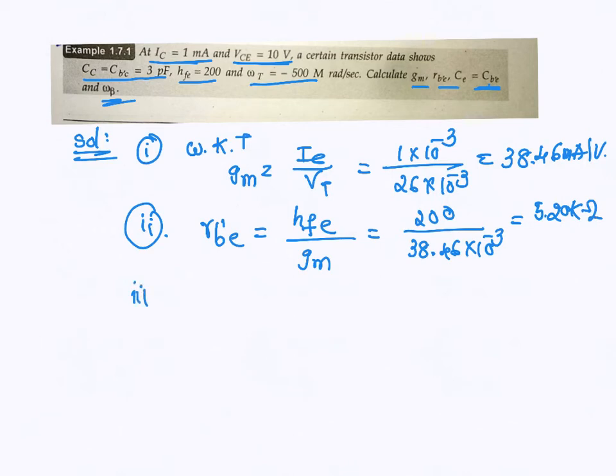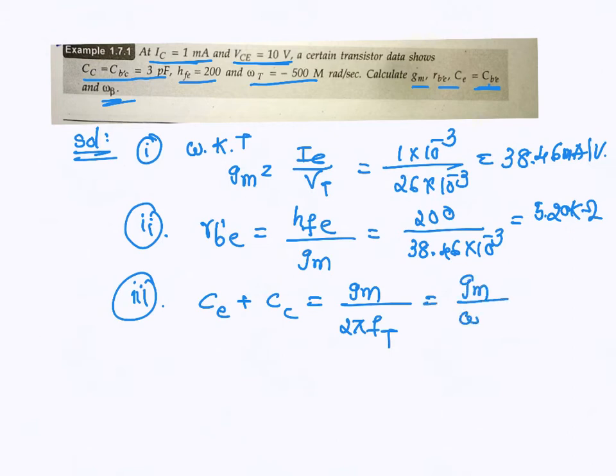And next one, we know that the formula is Ce plus Cc, which equals gm by 2 pi fT. So here we can write it as gm by omega T. We have calculated gm as 38.46 into 10 power minus 3, by omega T, given as 500 mega, meaning 10 power 6.